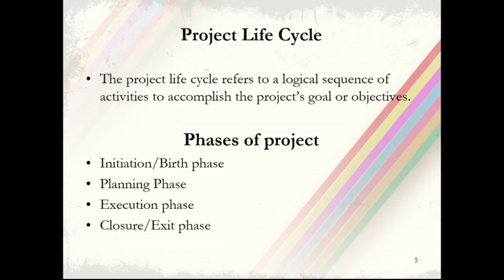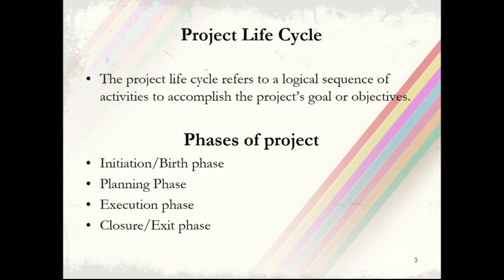Now let us see what is project life cycle or phases of the project. The project life cycle refers to a logical sequence of activity to accomplish the project goal or objective. A standard project typically has the following four major phases.